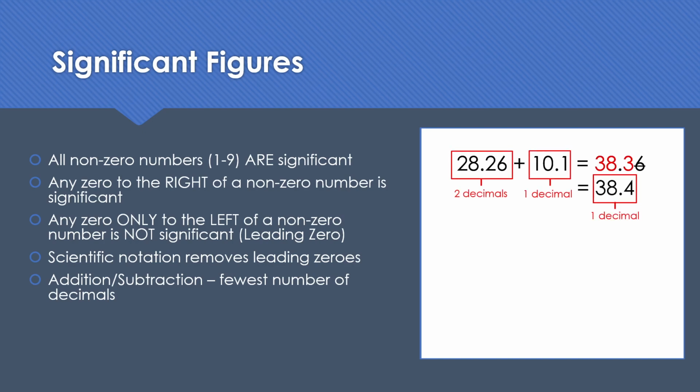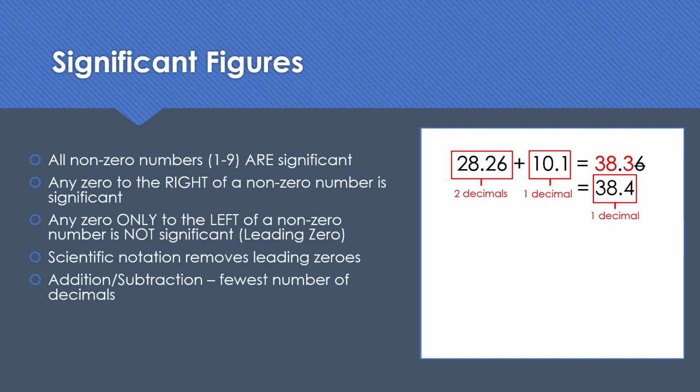Okay? So I'm going to round my answer. The way you round your answers, you take the digit that's immediately to the right of your last significant digit. So in this case, the 3 in 0.3 is my last significant digit. So I look at the next number over. If it's a 5 or higher, I round up. If it's a 4 or lower, I round down.